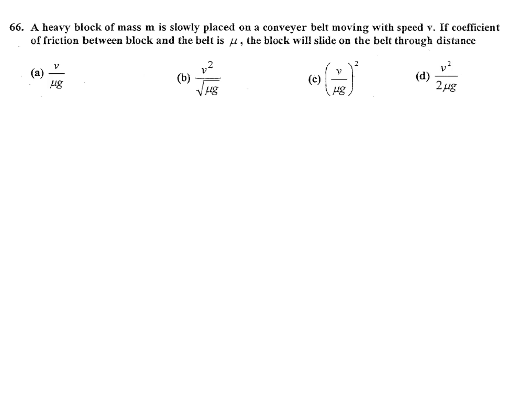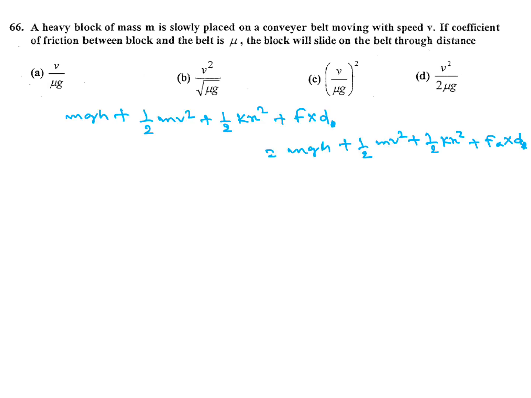Work energy principle we have to use. Sum of energy at position 1 equals sum of energy at position 2. mgh is potential energy, this is potential energy at position 1.